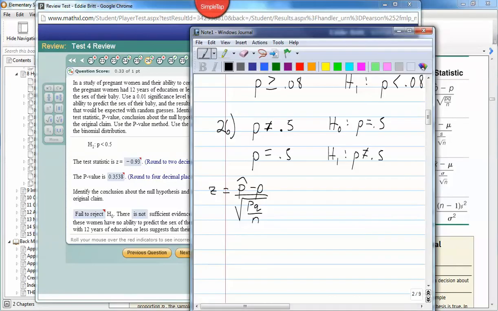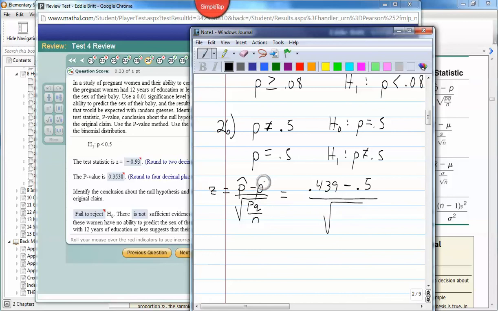Okay. So p hat, that is from the sample. That's 0.439, 43.9%, minus the one of the world. Everybody would probably say about half the time. Maybe not all mothers. Some mothers may think they can predict, and that's fine.